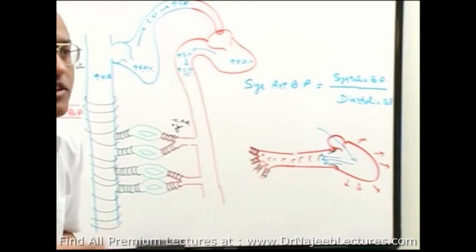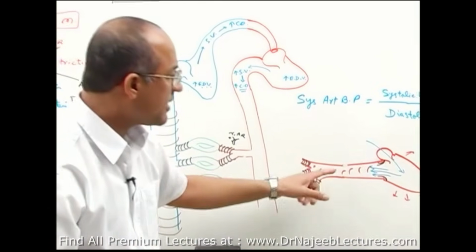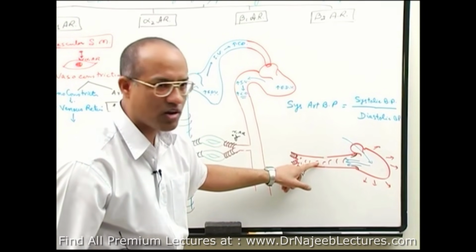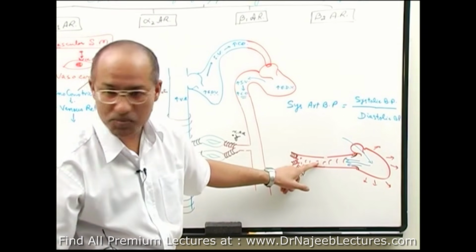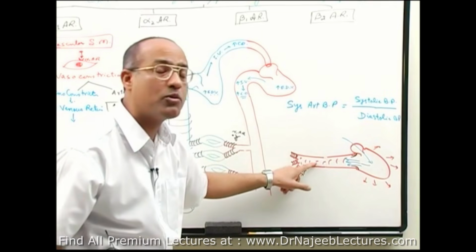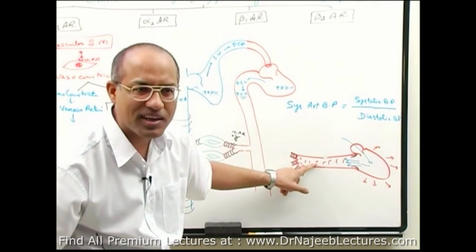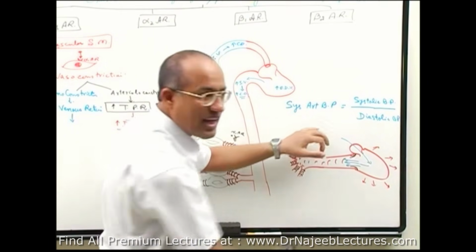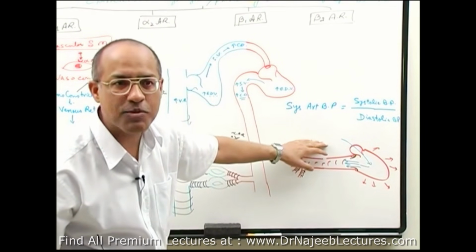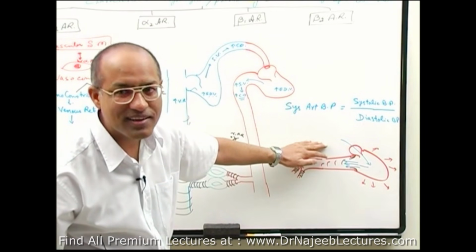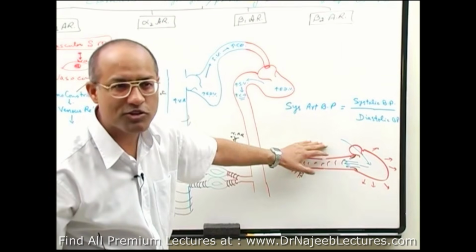Whenever there is increased cardiac output, is the volume here less than normal or more than normal? More than normal. So during the systole, more than normal amount of blood will come to the systemic arterial side, and during the systole these will be stretched and have higher pressure, and we say that systolic blood pressure will be increased.